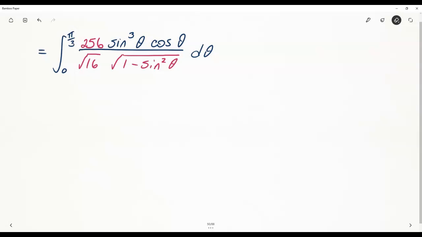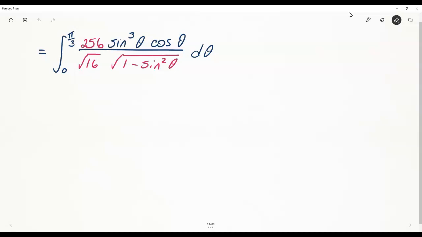Right, because there would have been a 4 cosine theta off to the side, and this 4 would have canceled this square root of 16, and that 64 would never have changed. But it's just how you've written it, and I thought I did it one way, and apparently this is an example of there being multiple ways of writing the correct answer.